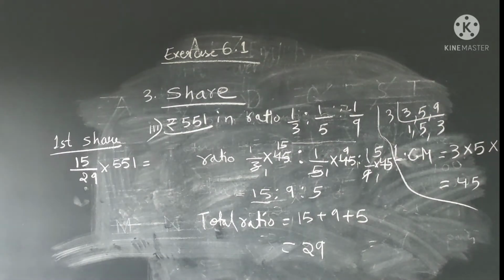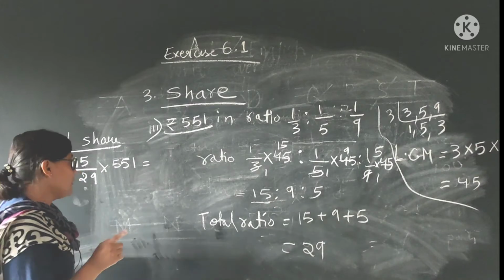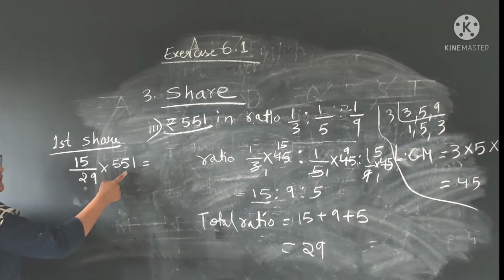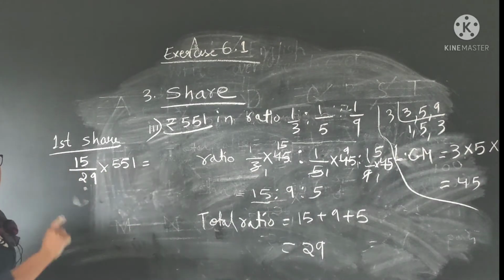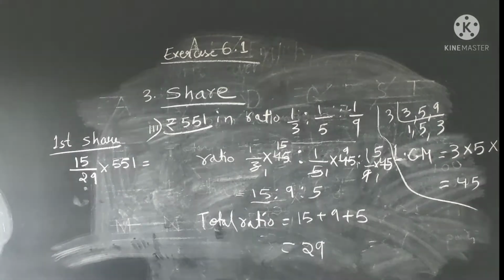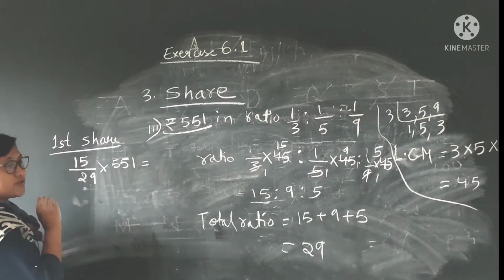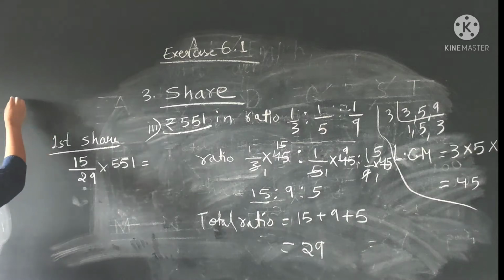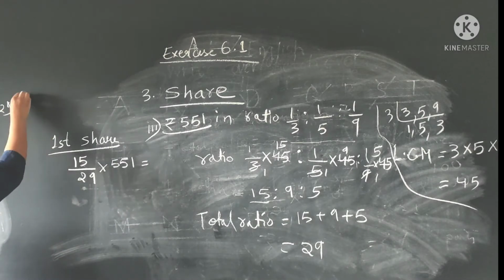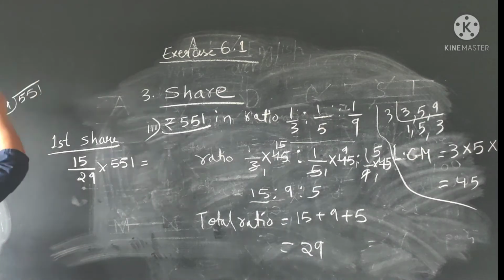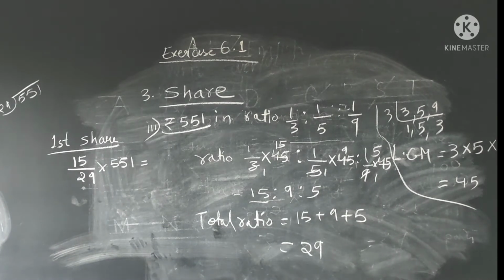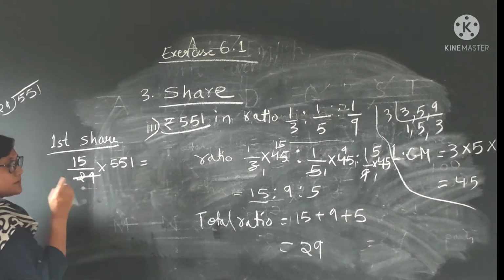If you see a prime number, then try to calculate whether 551 comes directly in the table of 29. So if you divide 551 by 29, this division part I am leaving up to you. You will see that it is exactly divisible by 19.